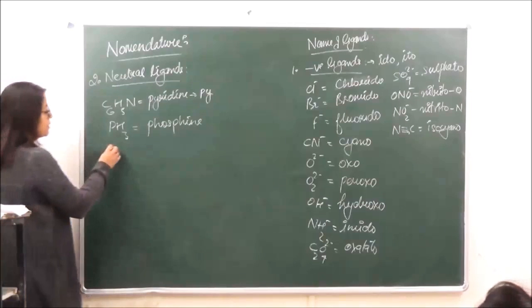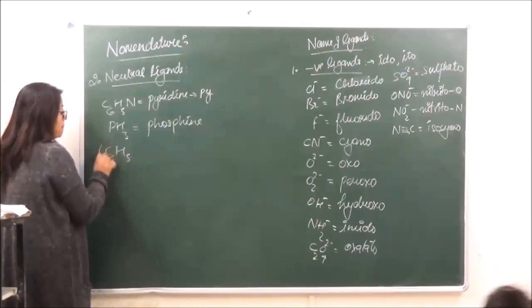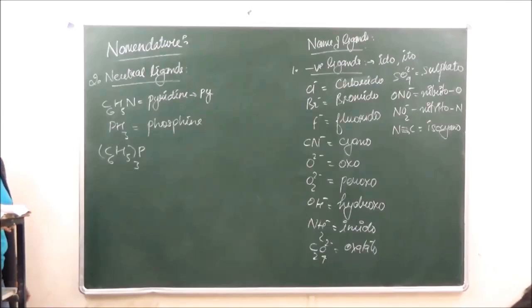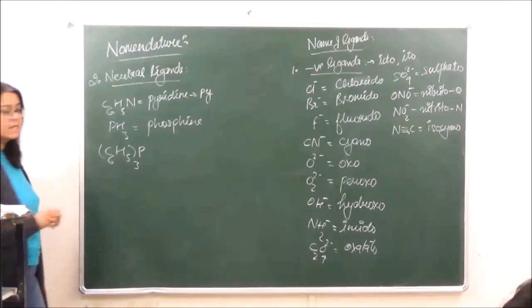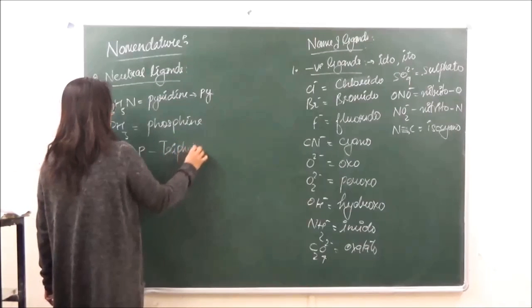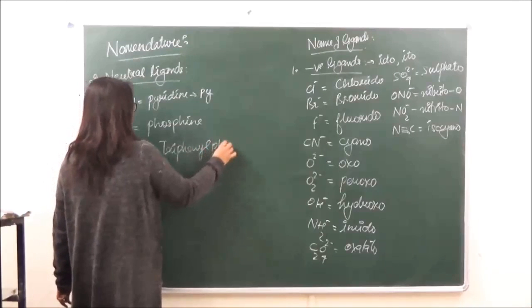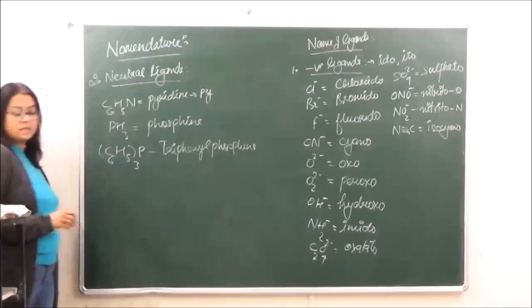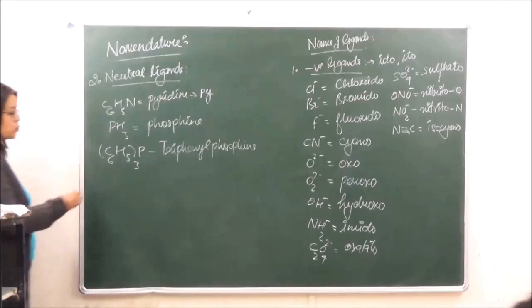Then we have C6H5 whole thrice P. This is known as triphenylphosphine.